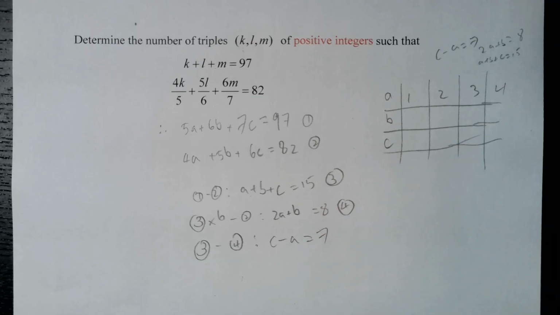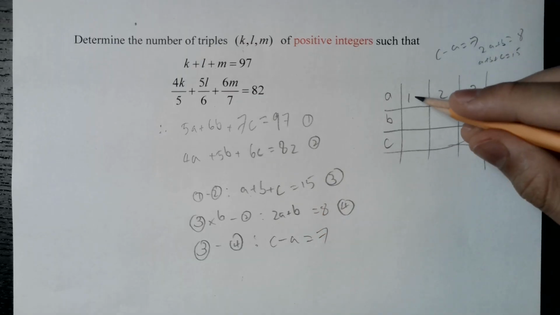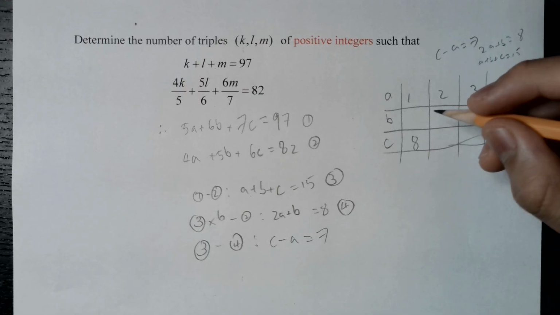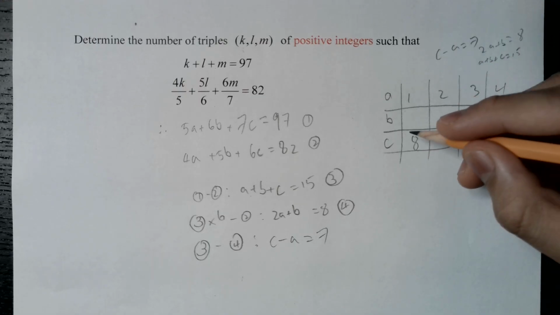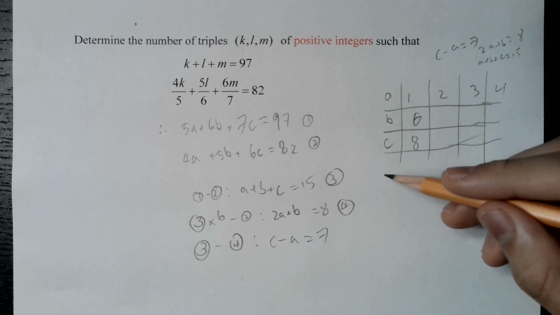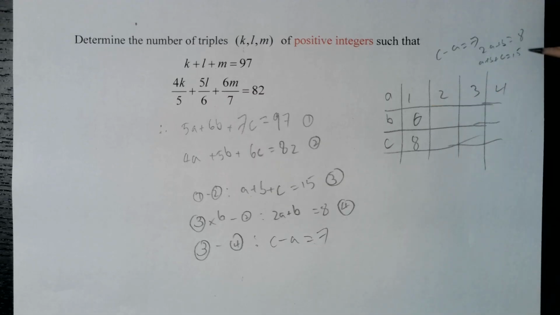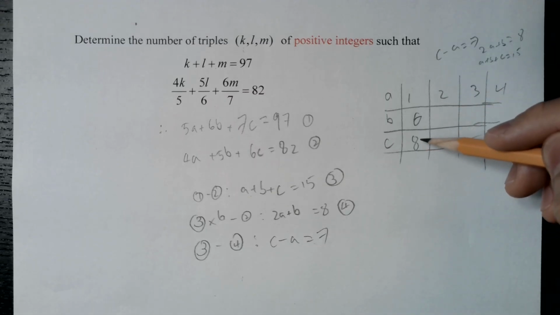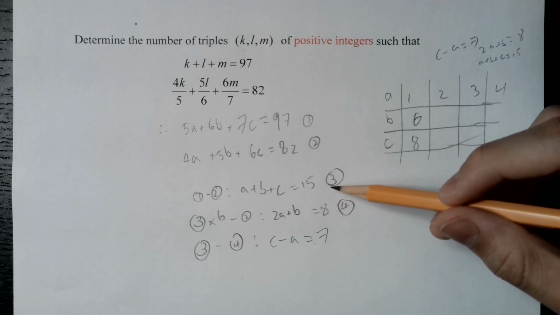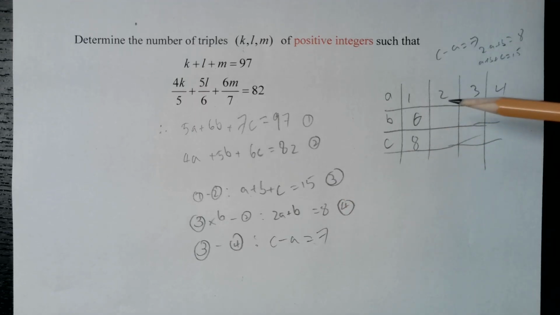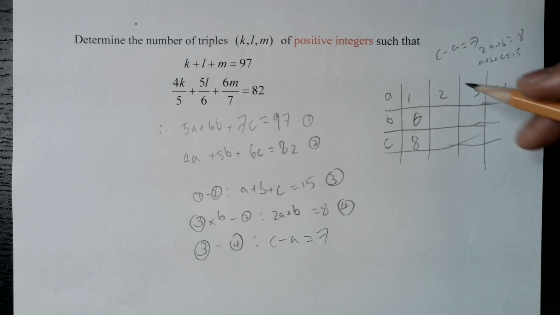We can see that if a is equal to 1, c has to be equal to 8, and b is going to have to be equal to 6. Why is this? Because c minus a is equal to 7, so if a is 1, c is 8, and since a plus b plus c is equal to 15, or you can use 2a plus b equals 8, b has to be equal to 6. Similarly, we just do this for all of these.